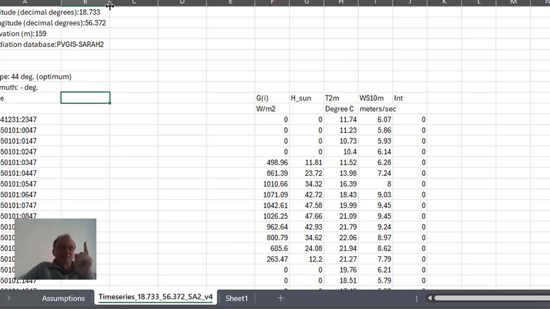No, let me see. Europe is 1, 2, I think 3 hours. Let's put this GMT, okay? So we put 3 hours, and then we put the 1/1/2005. Now, when I downloaded this from PVGIS, I've done this many times.